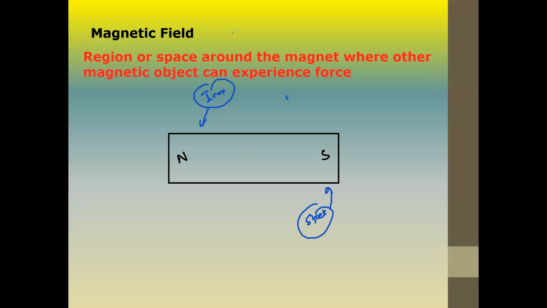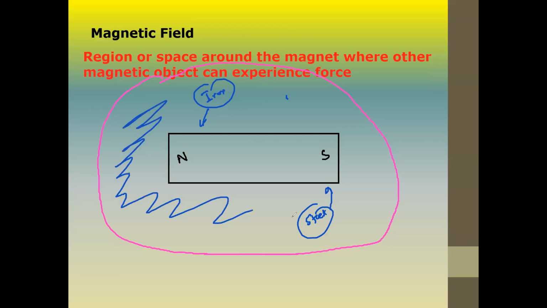So this whole region around the magnet where other materials can experience the force, the magnetic material is specifically magnetic. For example, if I place a wood here, even though it is closer to the magnet, it won't be attracted because wood is not a magnetic material. So the region, the space where we place a magnetic material and it is attracted by the magnet, that whole space is known as the magnetic field.